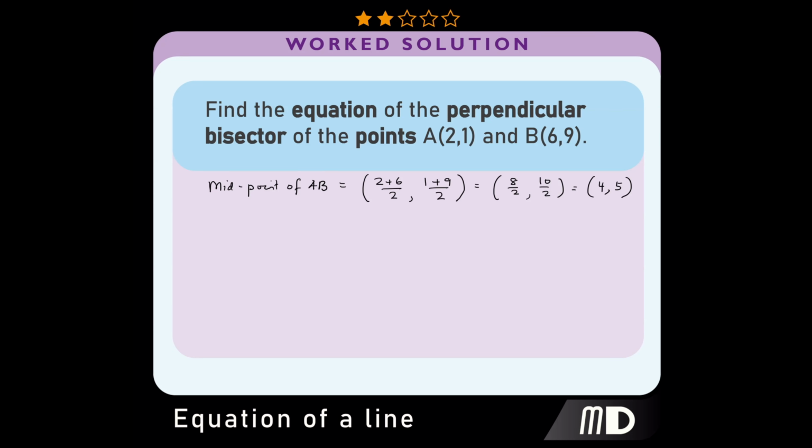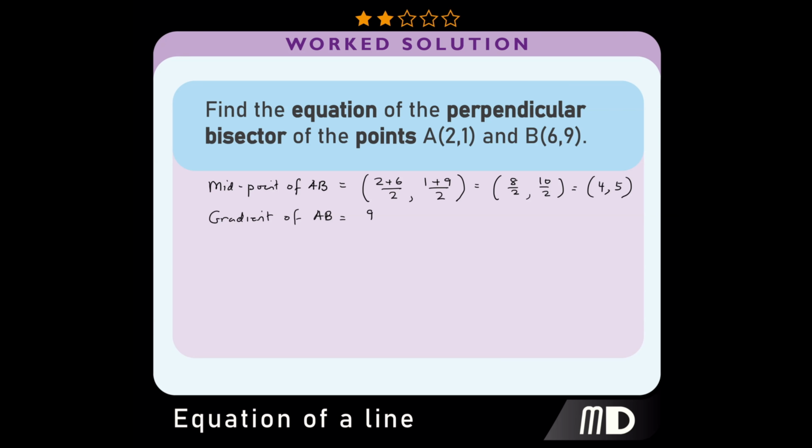Next, we need to find the gradient of the line joining points A and B. We do that by subtracting the y coordinate values of A and B, subtracting the x coordinate values of A and B, and dividing them. Let's write that down.